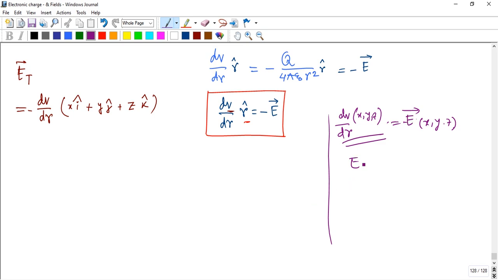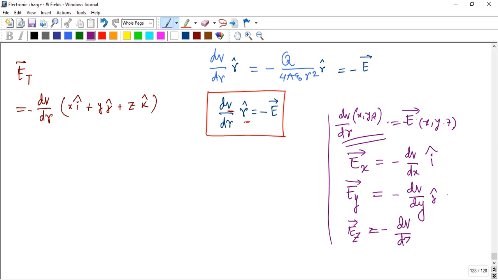So Ex, just in vector, is minus dV/dx i cap, and suppose Ey, the y direction electric field, is minus dV/dy j cap, and Ez is minus dV/dz k cap.